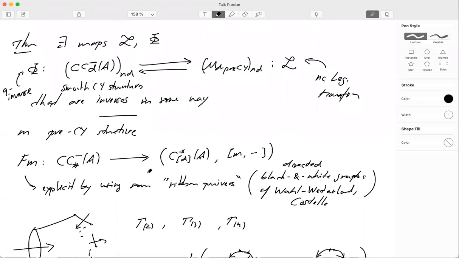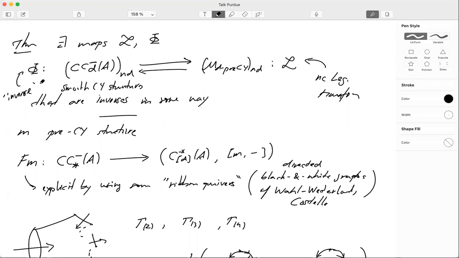I see. So this quasi-inverse on the left is not right then, right? You wrote Q inverse. Yeah, it's a little imprecise. It is another map. Let me put some quotation marks.